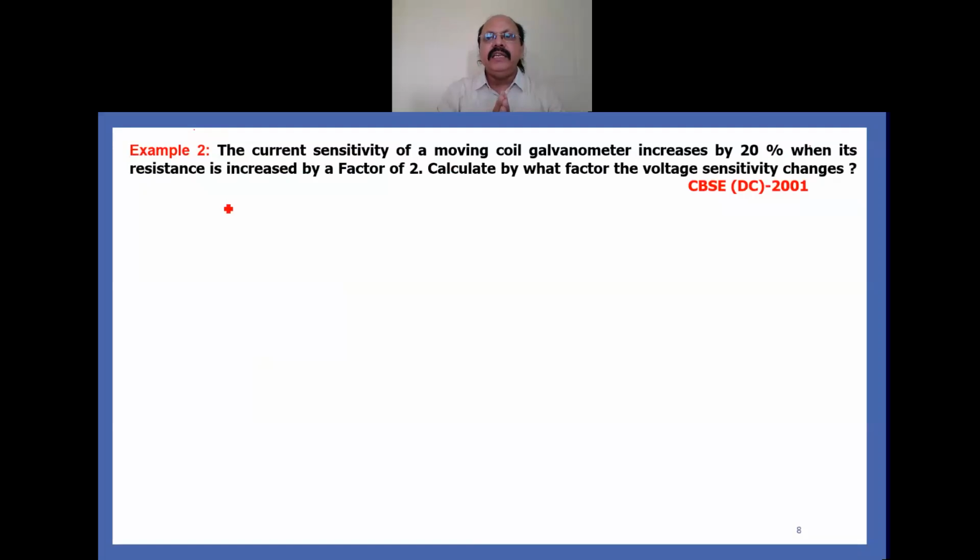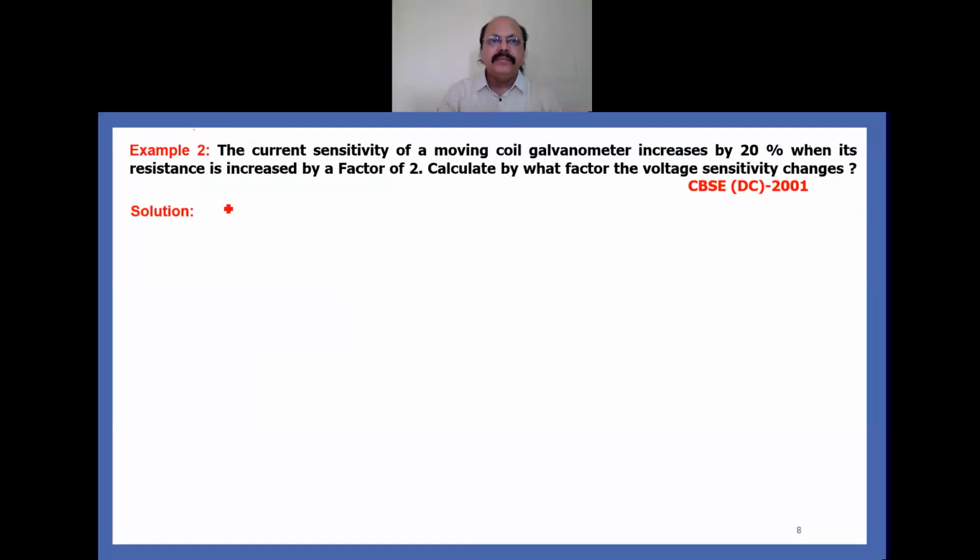Using the figures given in the question, we have to find by what factor voltage sensitivity changes.